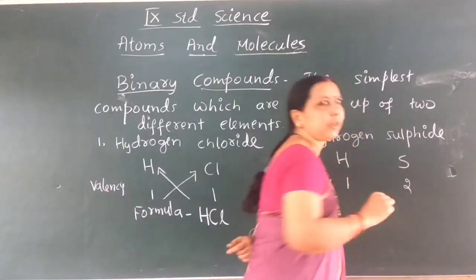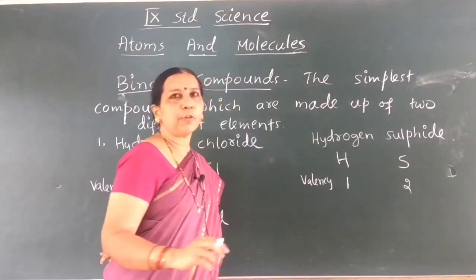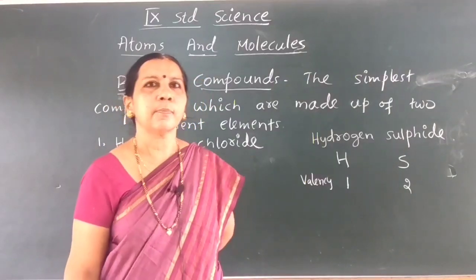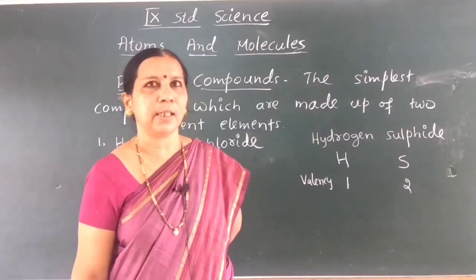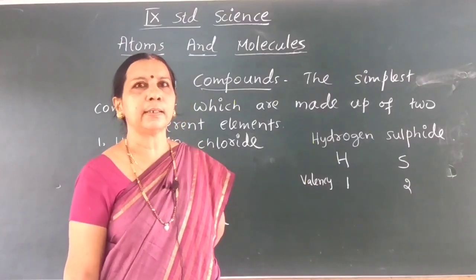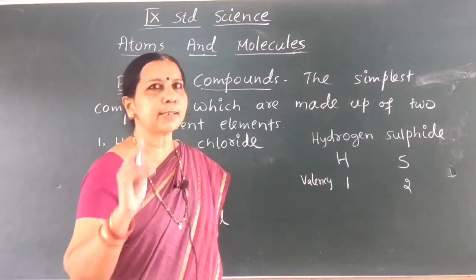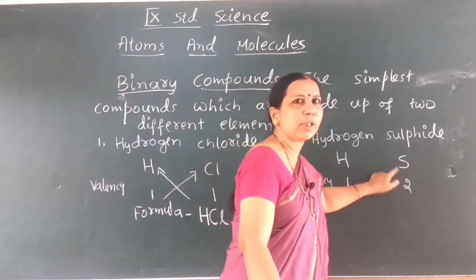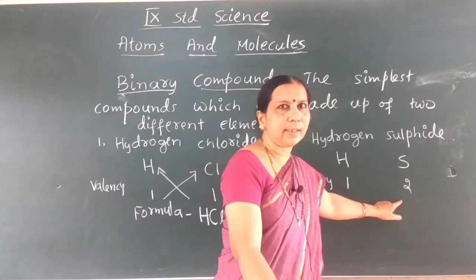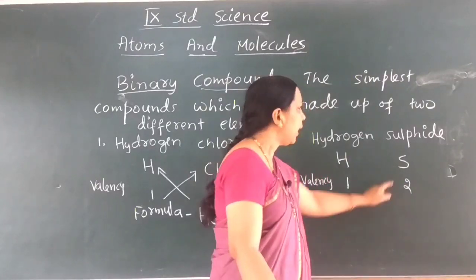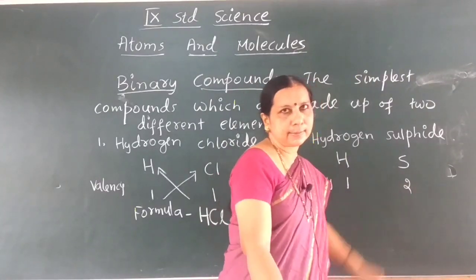You have learnt in your previous class. Sulfur has atomic number 16, so the configuration is 2, 8, 6. 8 minus 6 is 2. The valency of sulfur is 2. You have learnt how to find the valency in 8th standard. Just use your knowledge and write the valencies here.